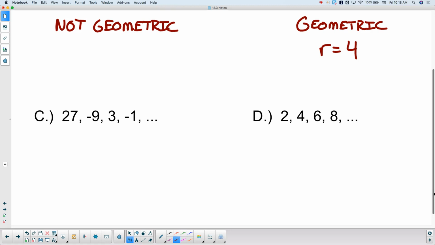Geometric, not geometric? Geometric, common ratio. What? Negative 1/3, yep. Fourth one, geometric, not geometric? Not. Is it arithmetic? What's our difference then? You're adding 2. Yep.